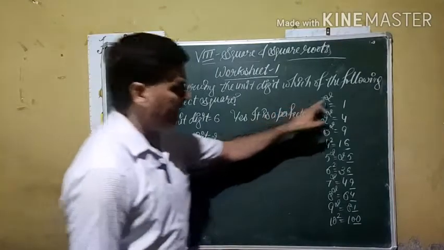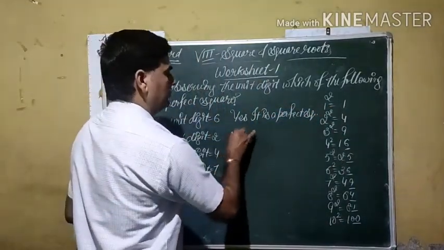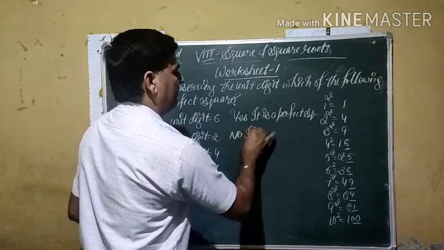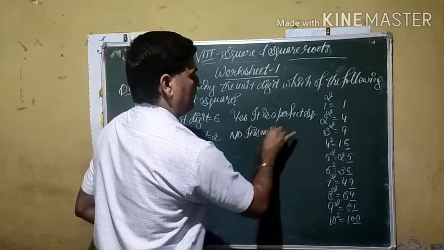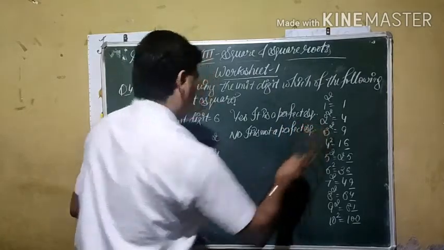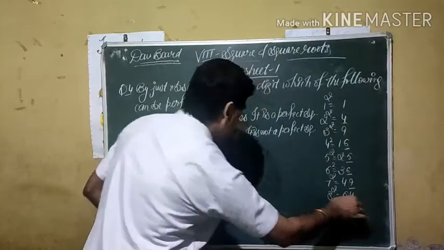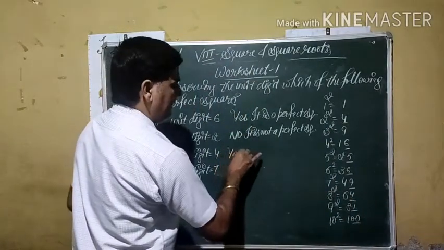2, if you see here, 2 does not come anywhere. So for this the answer is no. It is not a perfect square. If you see here, the unit digit is 4. 4 comes here as well as here. So yes, it is a perfect square.